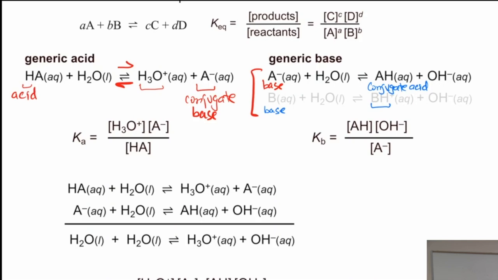Now, if we do the mass action expression, here's the Ka for that reaction. Okay? And here's the Kb for this reaction. I just did it in the context of AH because I want to show you what happens, right? If I were to flip back to that first slide where I show you the full ionic equation and the net ionic equation, all we're doing is putting an acid in solution, so it dissociates, and putting a base in solution, and it dissociates.